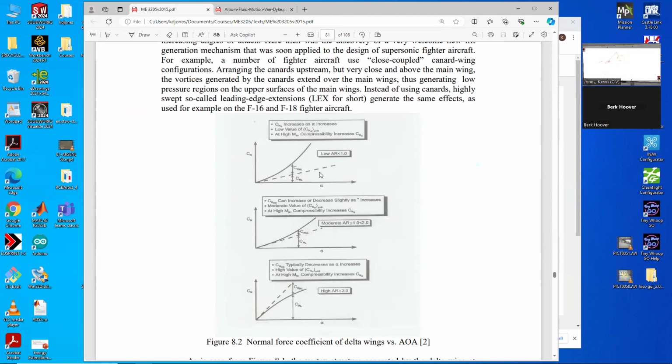So here's this dashed line, which is basically what you would get from vortex lattice method, which you guys are going to do for the last homework assignment. It's just linear, right? All you get is one value of dCL/dalpha, and you assume it's forever. And what's interesting is that you can actually achieve better than that once you add in the vortices from the highly swept wing.